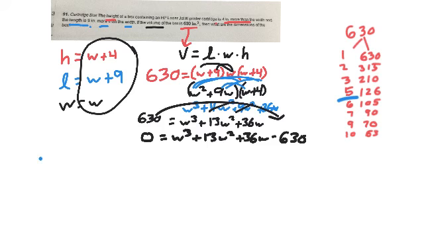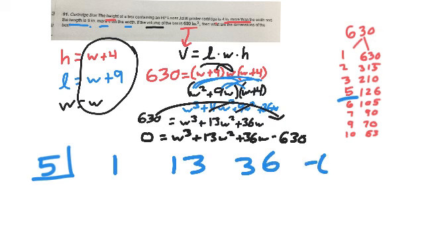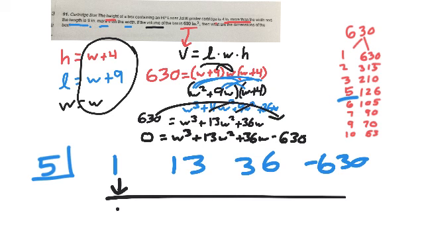Using synthetic division, if I tried 5, 1, 13, 36, and negative 630, I would bring down the 1. 1 times 5 is 5, 18, that's 90, that's 126, 630.